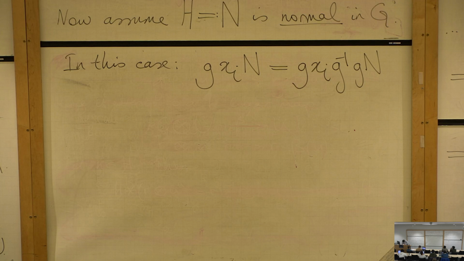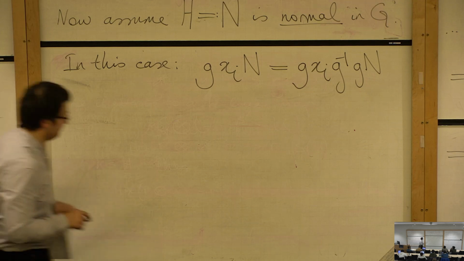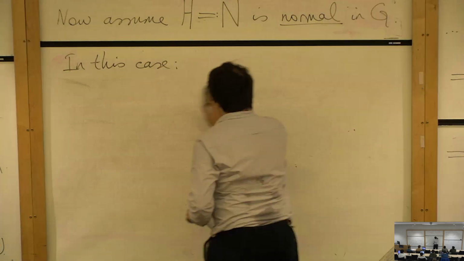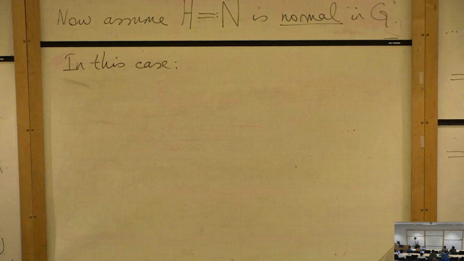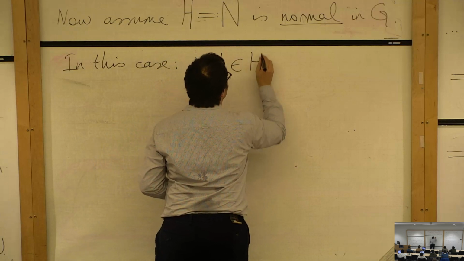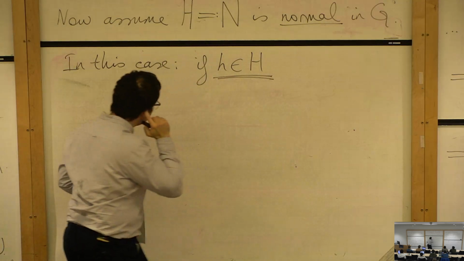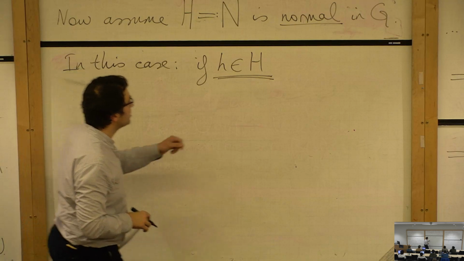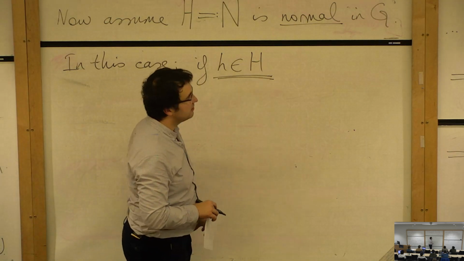So what I said was wrong. I'm sorry. Things simplified. The character formula simplified a lot. But I have to start with an element of H. You see, in the formula before, I wasn't even guaranteed that elements of H preserve blocks.